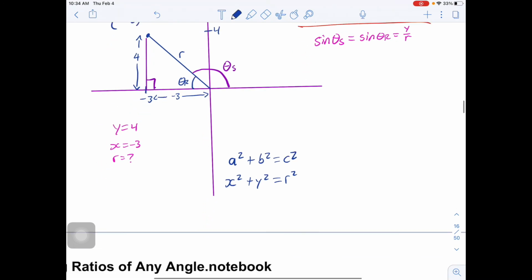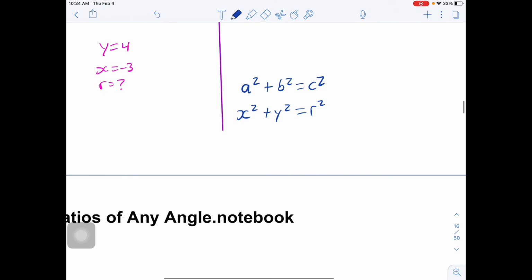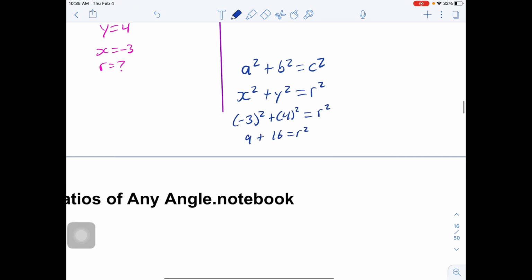So now at this point, we can start finding r by plugging in the values we know. Here, x is -3 squared plus 4 squared equals r squared. -3 squared is 9 plus 16 equals r squared. 9 plus 16, of course, is 25, equaling r squared.